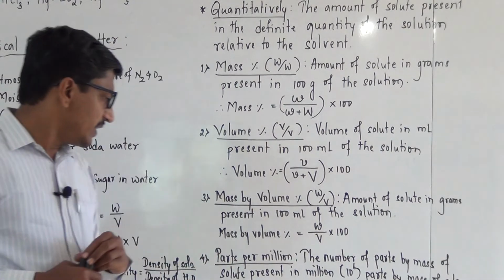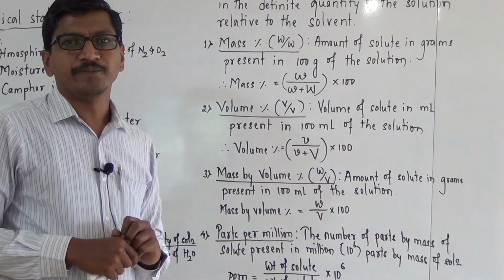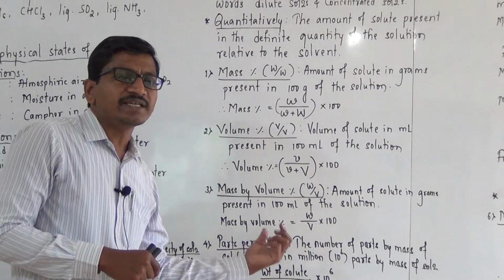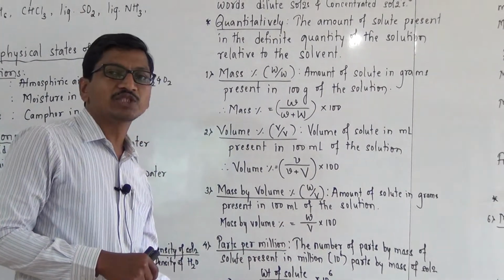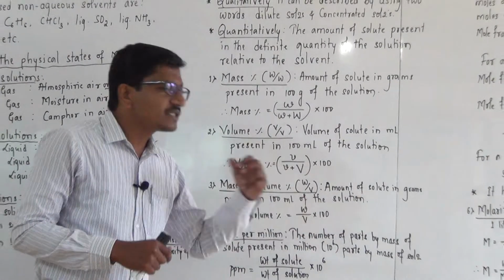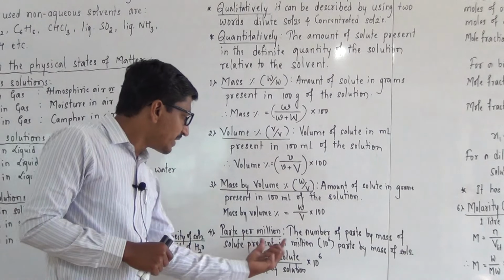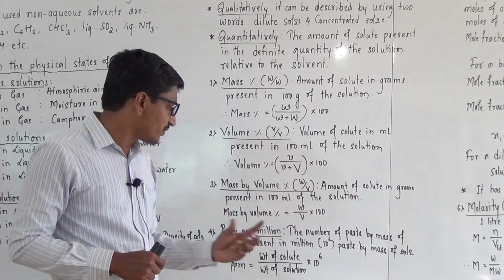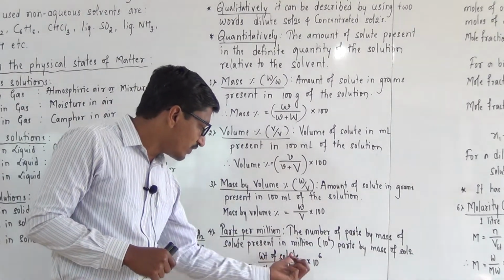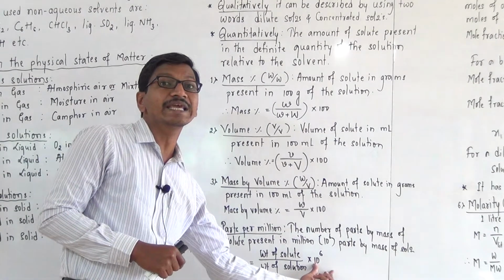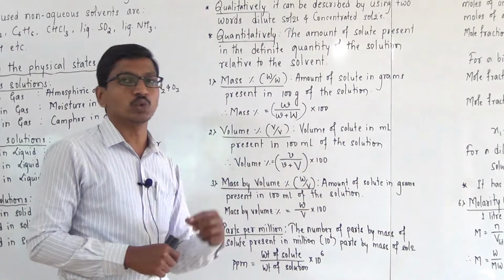Then the fourth one is parts per million, designated as ppm. It is the number of parts by mass of solute present in a million parts by mass of the solution, that is weight of the solute by weight of the solution into 10 raised to 6. This is a million parts of the solution.